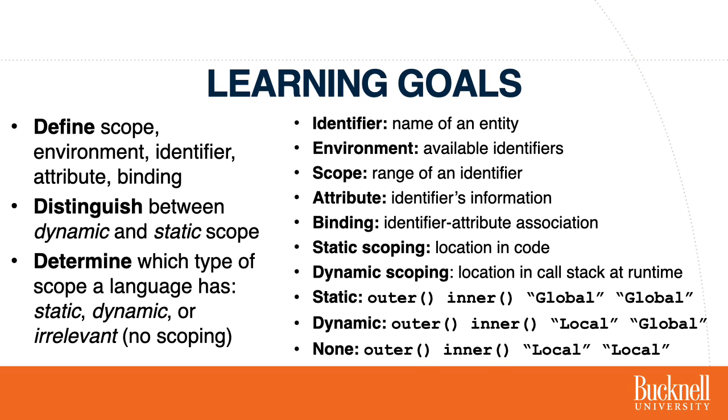Conversely, in a language that does not have scoping, when we call outer and then inner, we'll get local, which is to say, outer modifies the variable's value to local, and then when we call inner, regardless of where we call it, it'll produce local. And that's it. That is scoping.